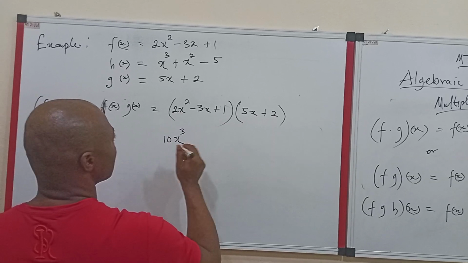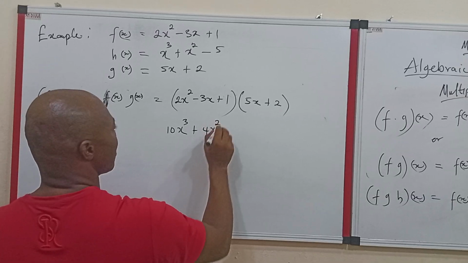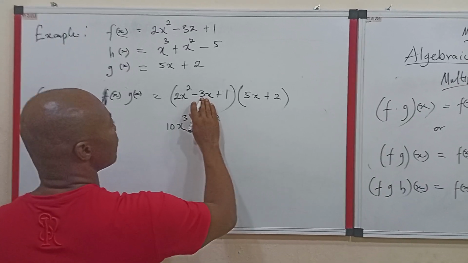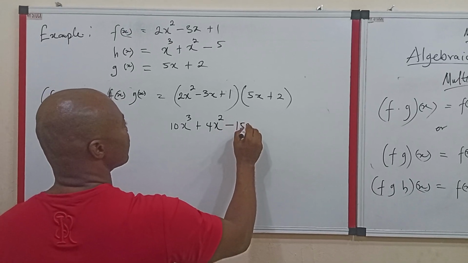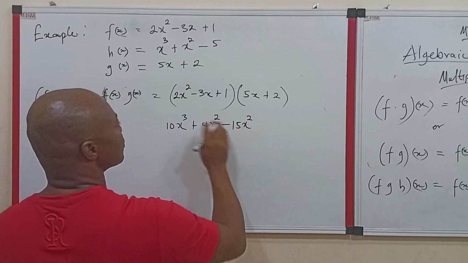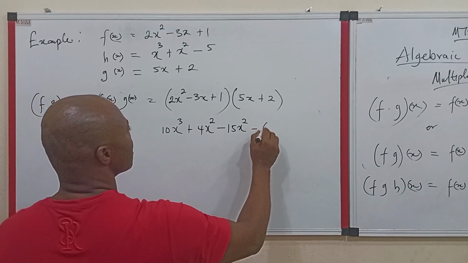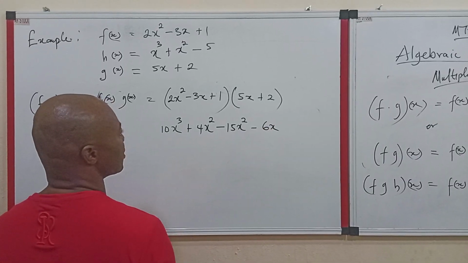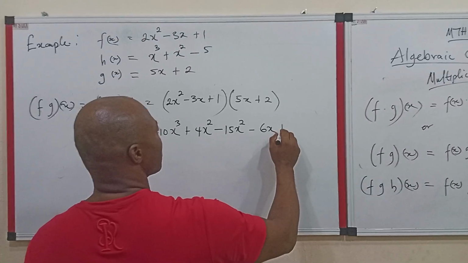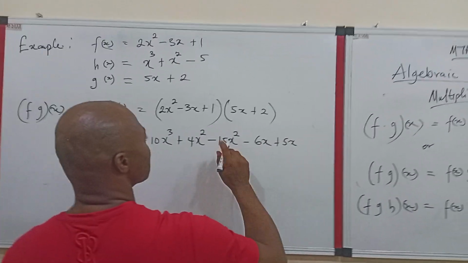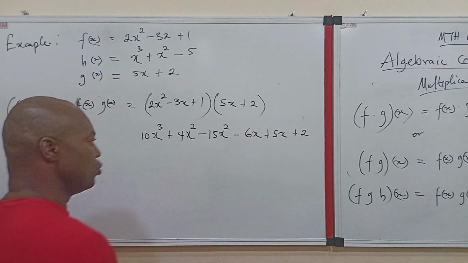This to this will give us plus 4x raised to the power 2. This to this will give us minus 15x raised to the power 2. This to this will give us minus 6x. This to this will give us plus 5x. This to this will give us plus 2.